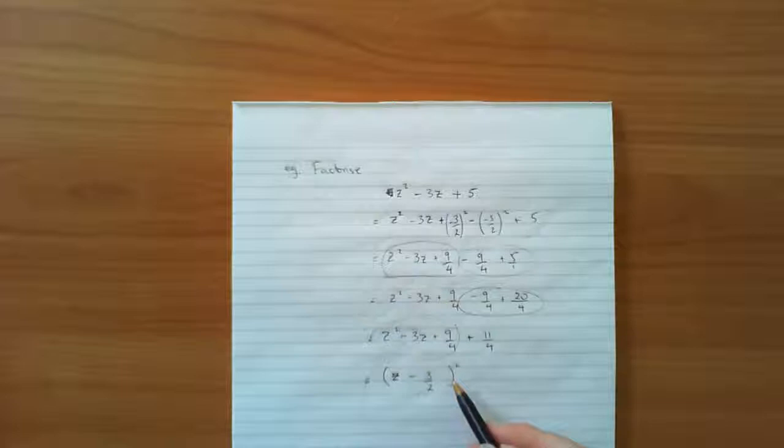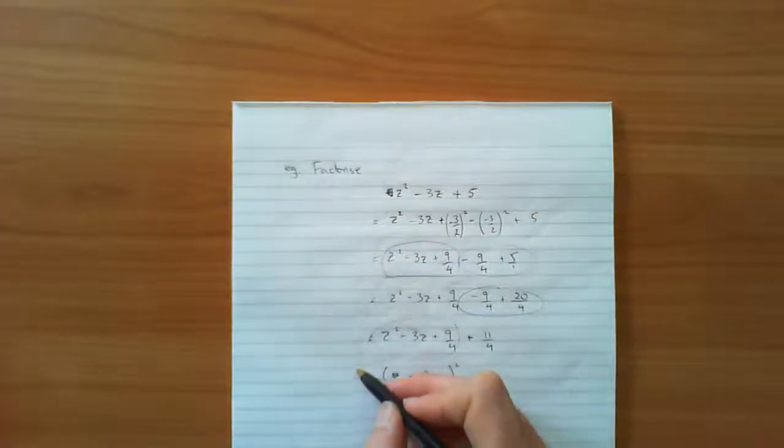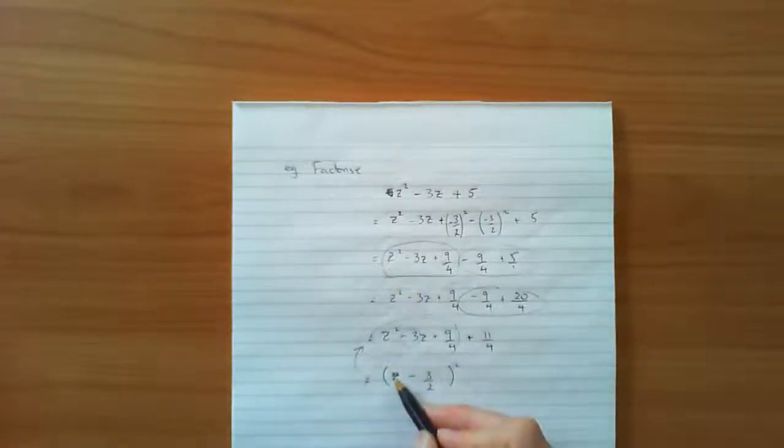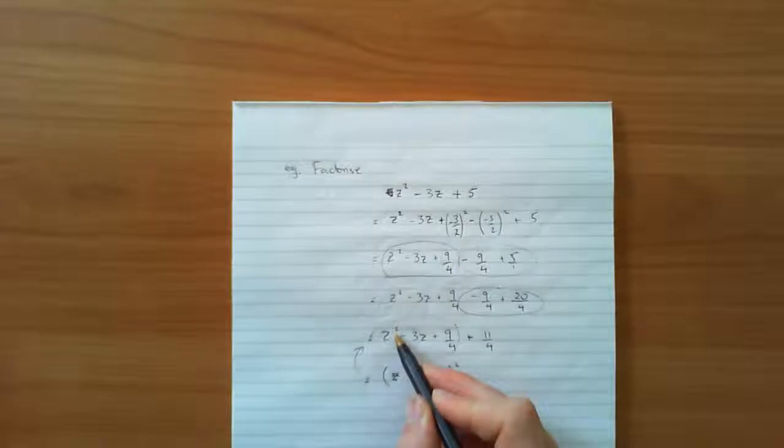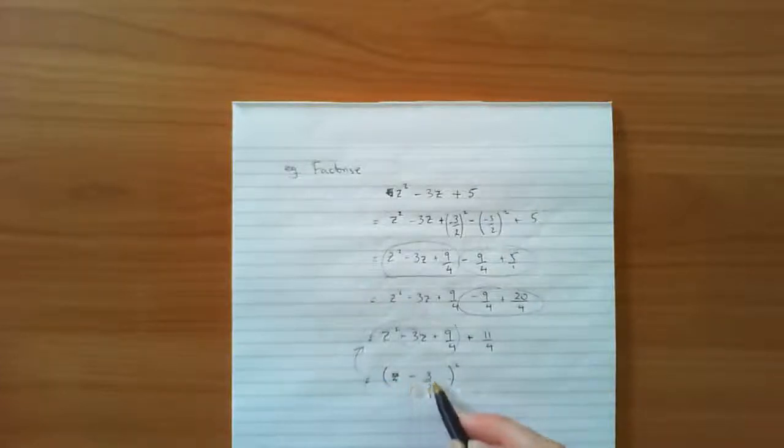Let's just check that what we've written here by inspection is actually correct. If we expand it, we should get back to that. So first term squared, yep, z squared. Twice the product of the two terms. If I multiply these, I'll get 3z divided by 2. But then I've got to twice that product, double that product.